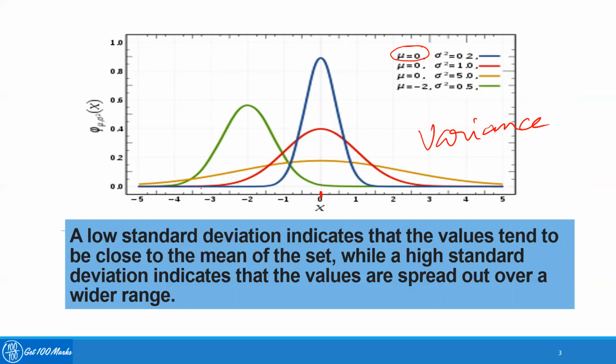For the red graph, the spread is quite a lot, whereas the mean is again 0, but the spread is more, therefore sigma square is 1. Again, mu is 0 and sigma square is 5.0 for the yellow graph, which is quite spread, so the data is scattered a lot. There is one more graph in green, where mu is -2, and the spread is given as 0.5.